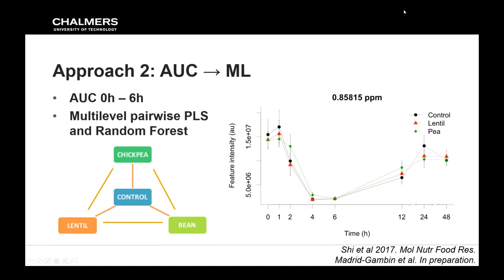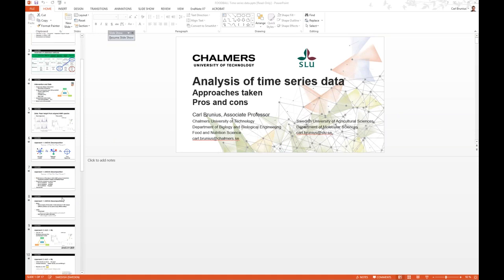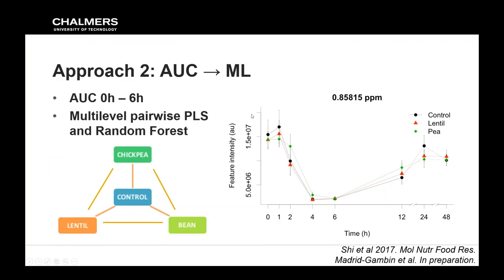So if we look, for example, at this situation for this metabolite, which we found at 0.85 ppm, then we did area under the curve in the time frame from 0 up to 6 hours, because we figured that that's going to be predominantly the region in which we have an effect, and at later time points will be confounded by other meal effects, and it's not fair to draw an area under the curve if we have got peaks that we're actually not covering due to the fact that we lack resolution in measurements at those later time points.